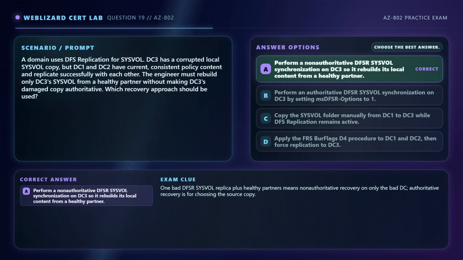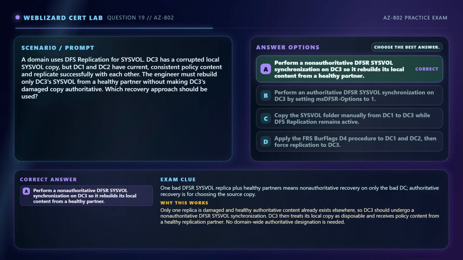The correct answer is A. Perform a non-authoritative DFSR SYSVOL synchronization on DC3, so it rebuilds its local content from a healthy partner. Only one replica is damaged, and healthy authoritative content already exists elsewhere. So DC3 should undergo a non-authoritative DFSR SYSVOL synchronization.